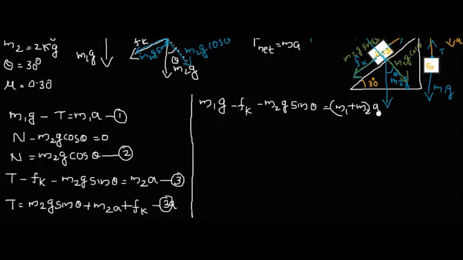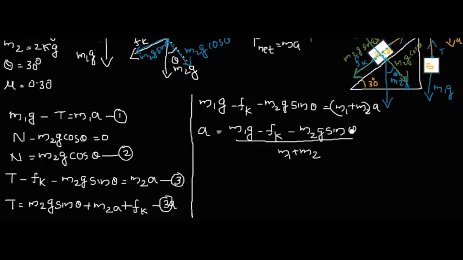From this I need an expression for a. a is equal to (m1g minus Fk minus m2g sin theta) divided by (m1 plus m2). Now look at this expression. Value of m1 and g is known.